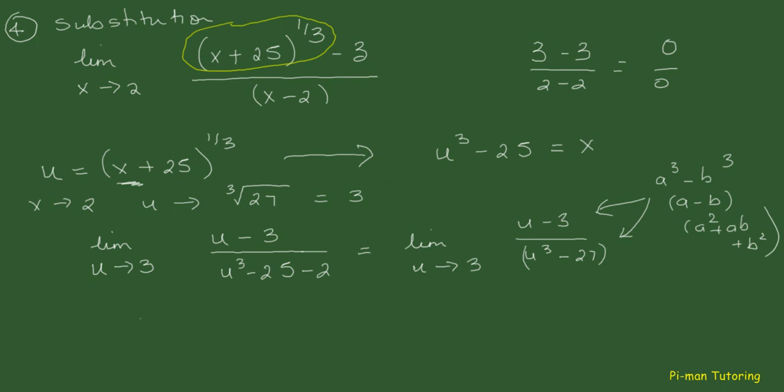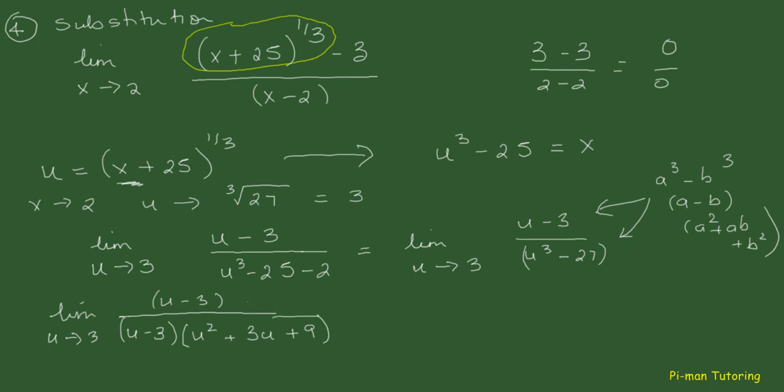So we can rewrite this as the limit as u tends to 3 of u minus 3 on top, and then on the bottom we've got the common factor we wanted, u minus 3, and then u squared plus 3u plus 9.